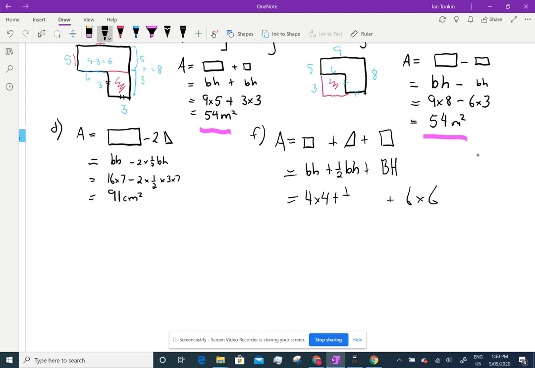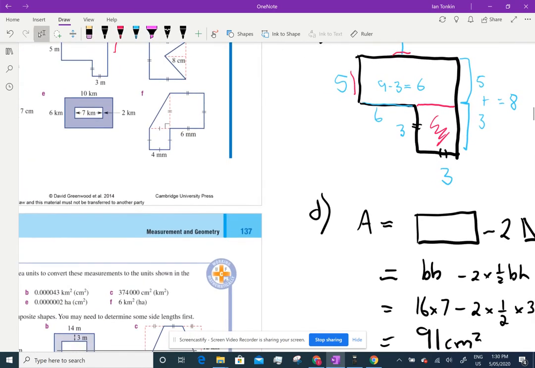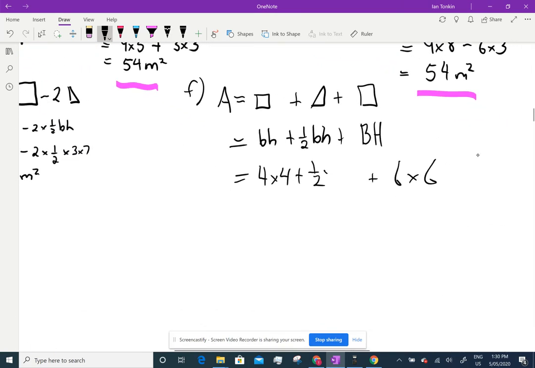Now, what have I got? This triangle in here. Well, there's the height and there's the base, or the base of the height, doesn't matter. And that's going to be 6 and that's going to be 4. So half of 6 times 4. And they're all added together.